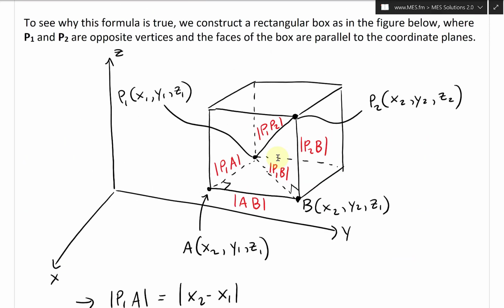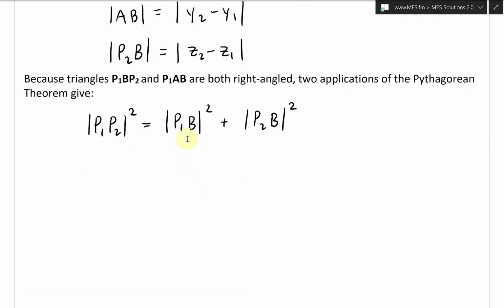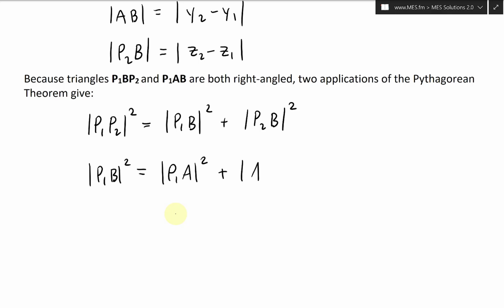The second triangle has this as the hypotenuse, and this hypotenuse squared is equal to this squared and this squared. In other words, P1B squared is equal to P1A squared plus AB squared.